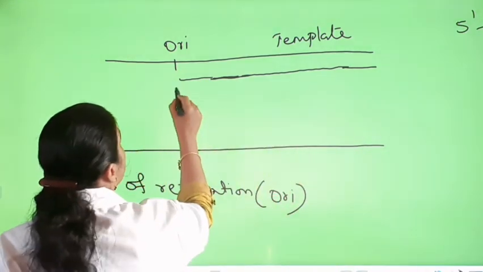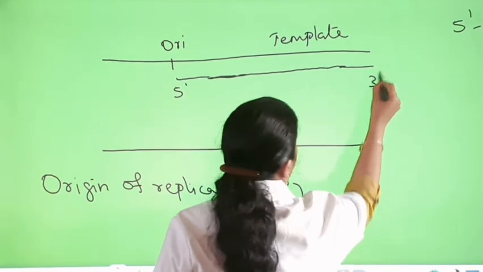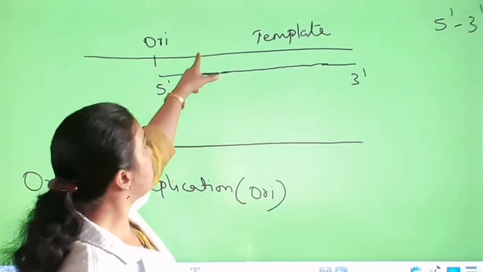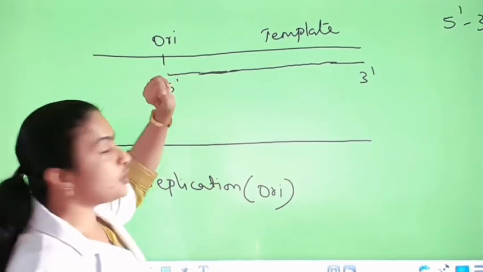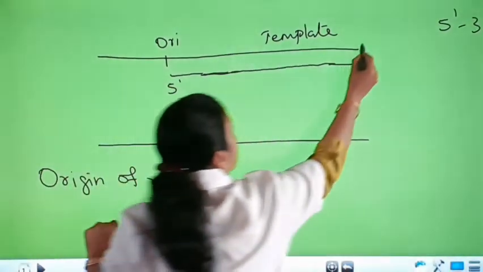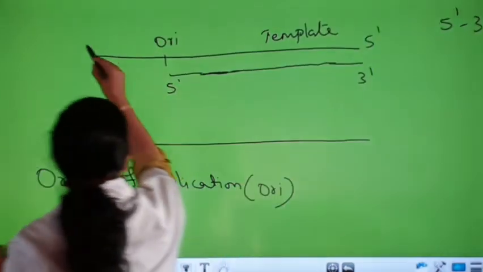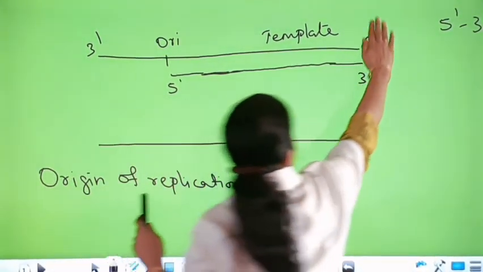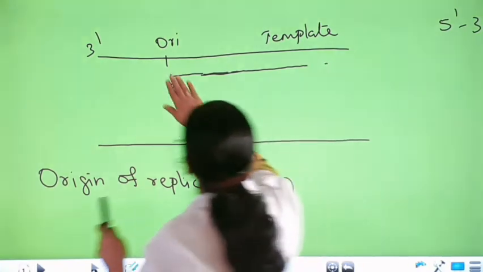So here this is the newly formed 5' to 3' strand. Then what may be the polarity of the template strand? This is the polarity of the template strand. Am I right?